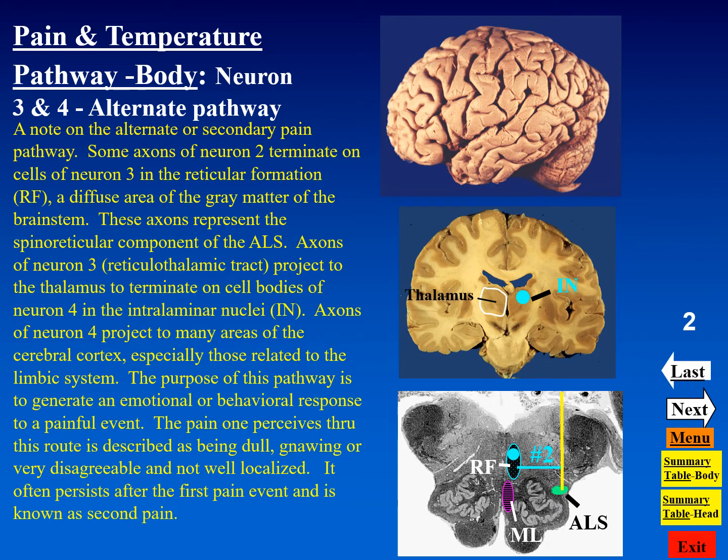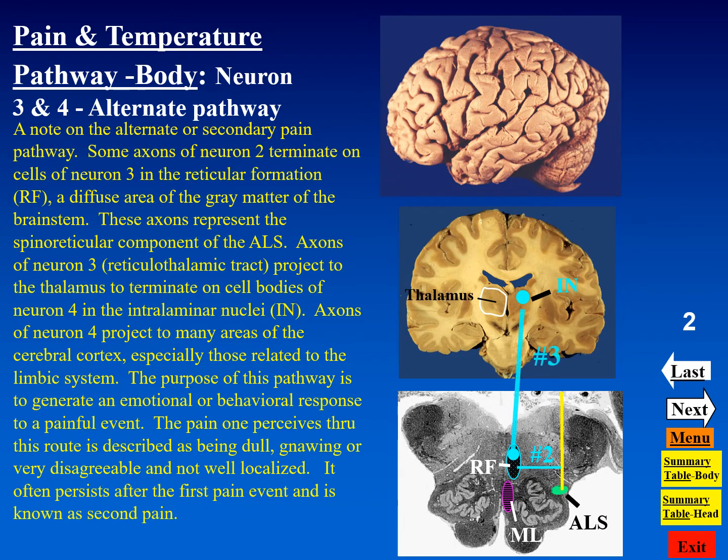Following a first pain event, there's often a period of time that we have what we call second pain. The second pain is usually described as very dull, gnawing, throbbing, very disagreeable, and can be somewhat debilitating. It is a multisynaptic pathway.